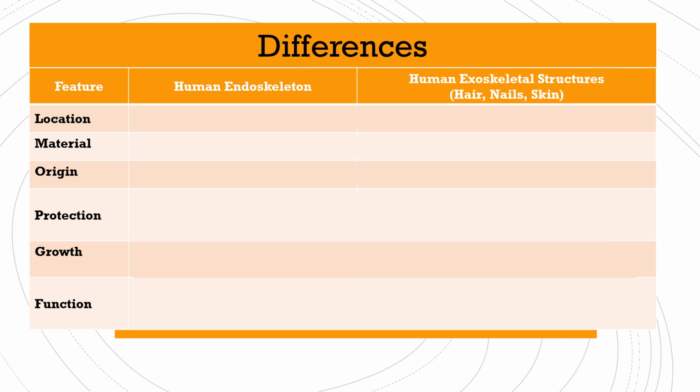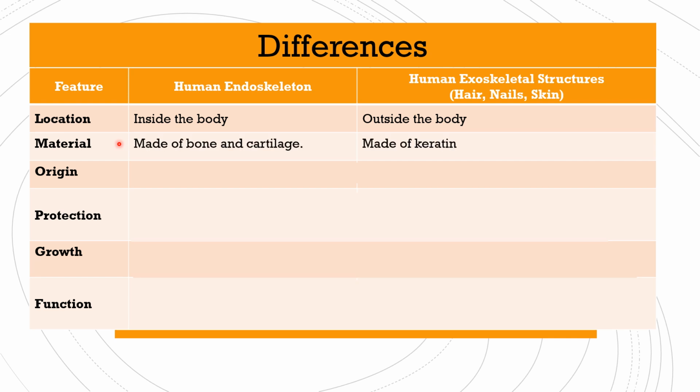Now, how do we differentiate endo and exoskeletal structures? By location, as we said, endo is inside the body and exo is outside. Talking of what they are made up of, the endoskeleton is made up of bones and cartilage, whereas the exoskeleton is made up of keratin protein.